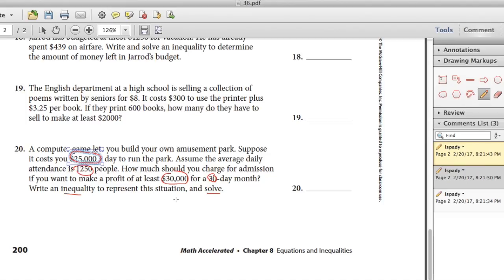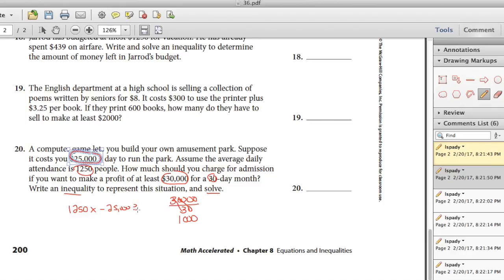So we're actually going to take $30,000 and divide it by 30 to get an average profit of $1,000 a day. So what we're going to do is take $1,250 times x number of tickets, take away the $25,000 it takes to run the park, and set that greater than or equal to 1,000.